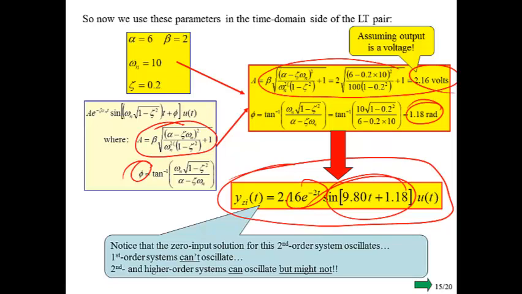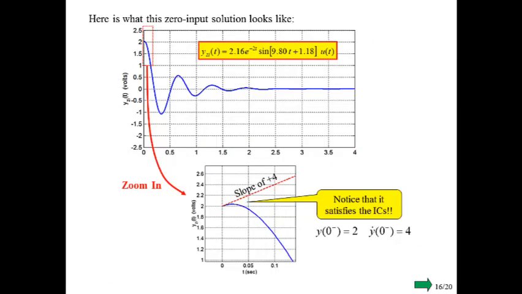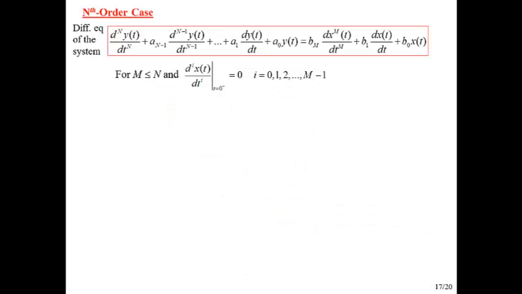So we only get oscillations when we have complex poles in our system, and we get complex poles when we have zeta less than 1 for a particular term. So there's a nice plot of that showing the oscillation, and we can zoom in and check that yes, indeed, the slope there is +4 and the value is 2, so that matches what we've assumed for our initial conditions.